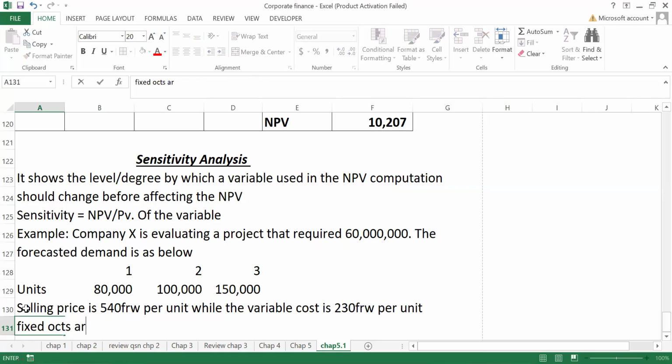Fixed costs is 2 million for fixed production costs.